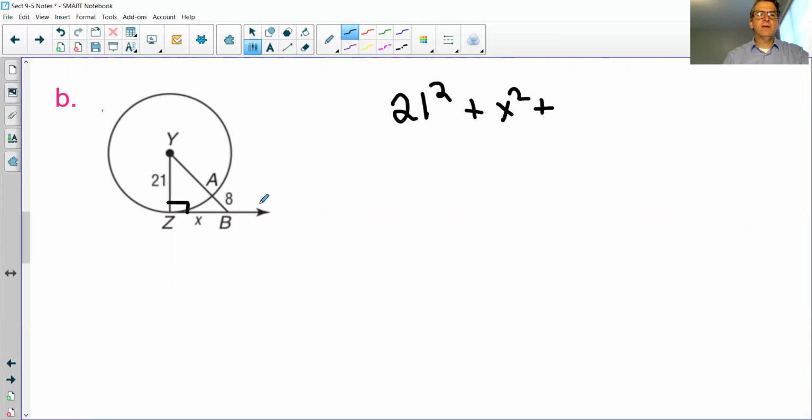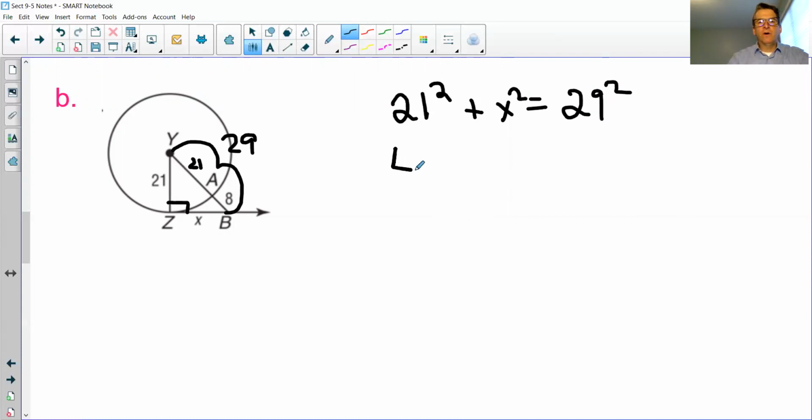Now, 29 comes from this 21, it's a radius, so we have 21 plus the 8, and that will put you at 29. So we're checking to see if 21 squared plus x squared is equal to 29 squared. We're going to try to solve for x.